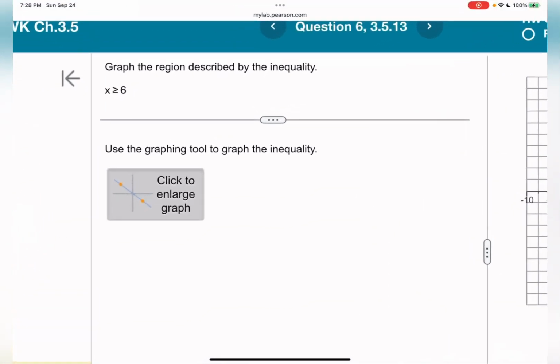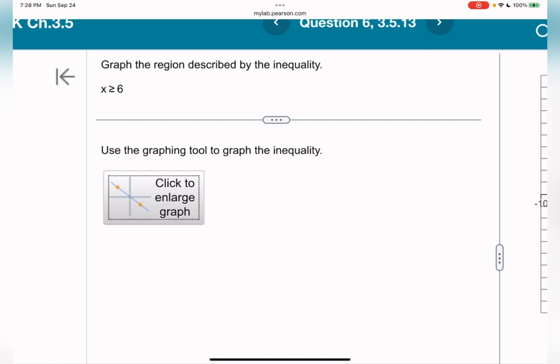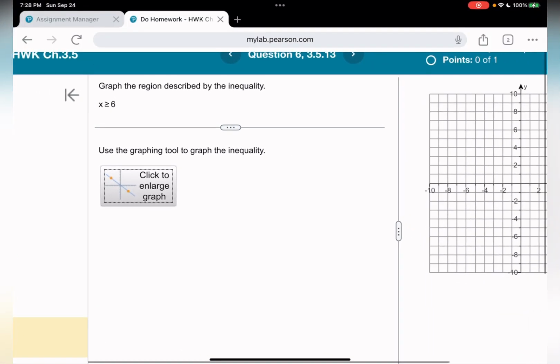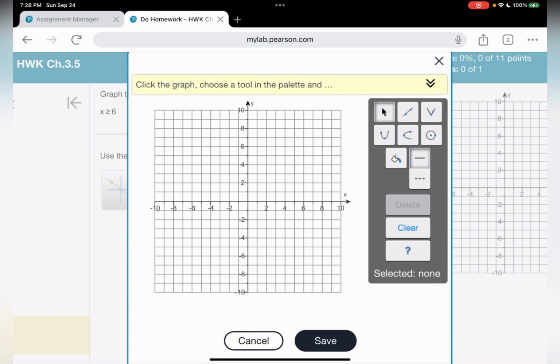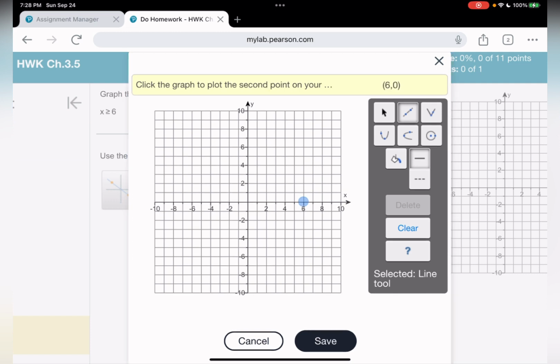There we go. We have x greater equal 6. It's very easy. We'll do it and we move on. When we have x is greater equal only 6, and because it's equal, I'm taking a solid line. This is my 6, right? And it's going to be straight.